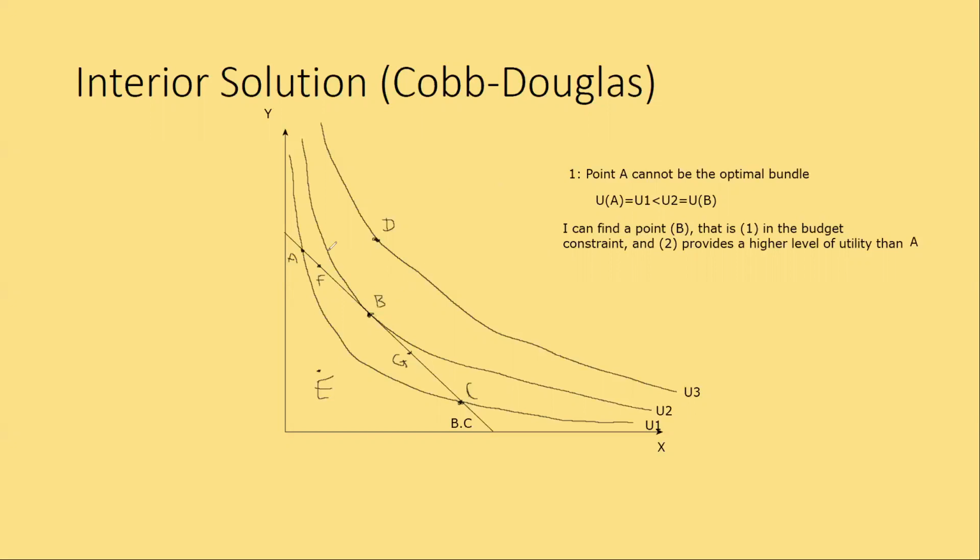As the budget line is tangent to our indifference curve U2 at point B, we will not be able to find another point that is on the budget line and also provides a higher level of utility than point B does.